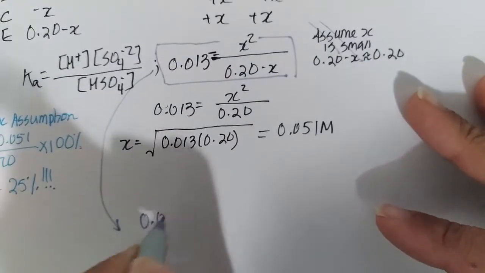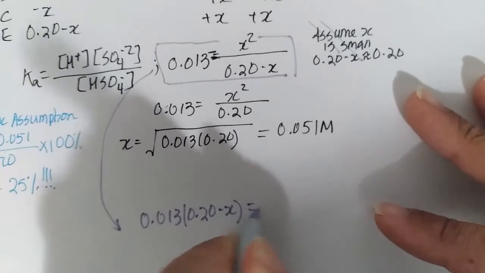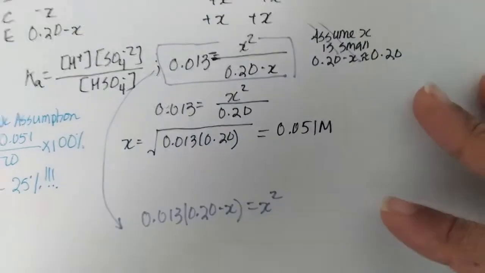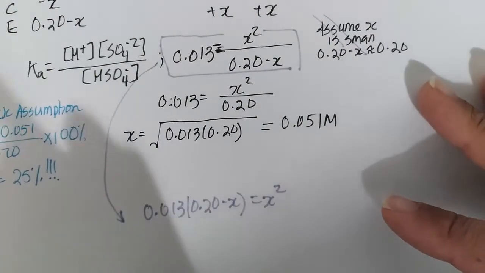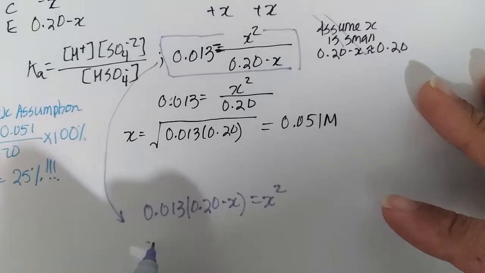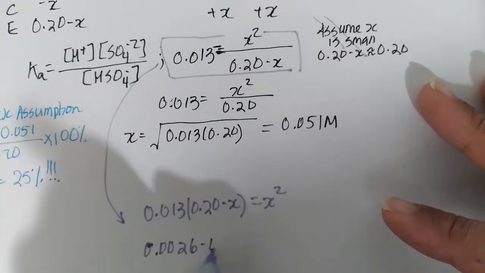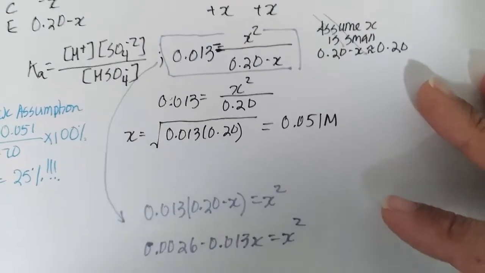So 0.013 times 0.20 minus x is equal to x squared. Let's do the distributive property and distribute this out. 0.013 times 0.2, I can do that in my head. That's 0.0026 minus 0.013x equals x squared.